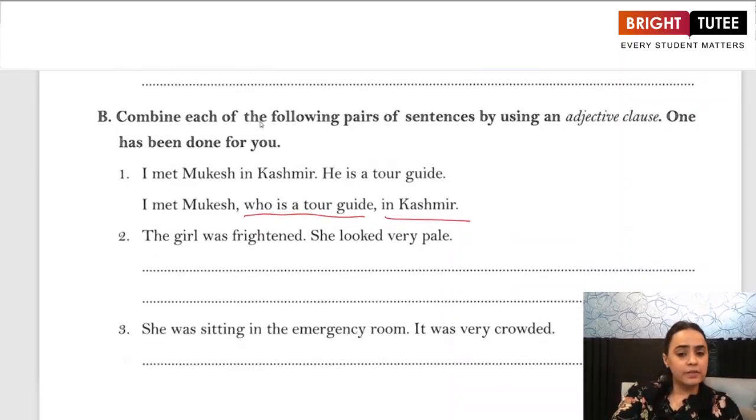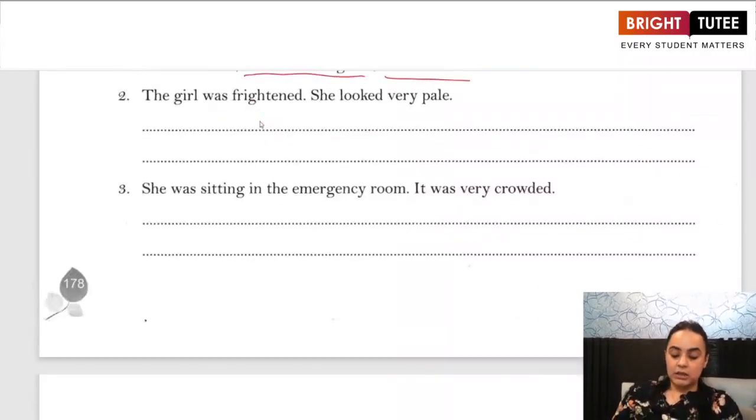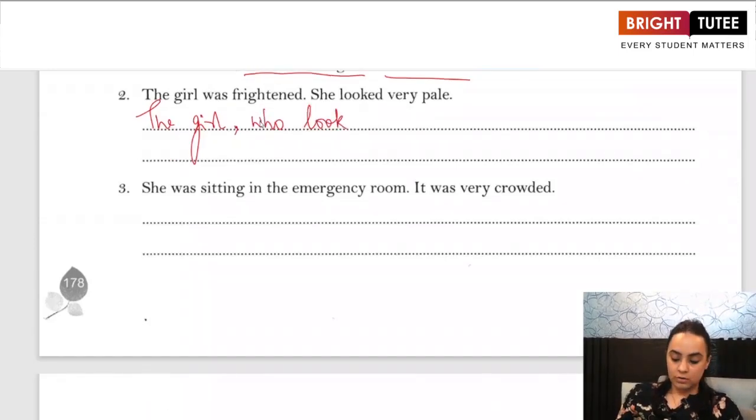Let us look at the other sentences. The girl was frightened. She looked pale. So the girl, who looked very pale, was frightened.